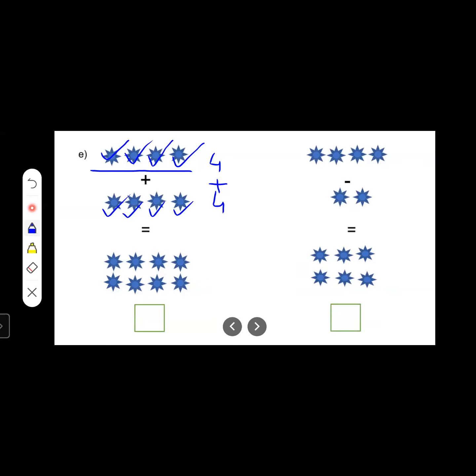So how many stars should be there here? 8. So are there 8 stars? Let us count and see. 1, 2, 3, 4, 5, 6, 7, 8. Yes, 8 stars are there. So 4 plus 4 is equals to 8.